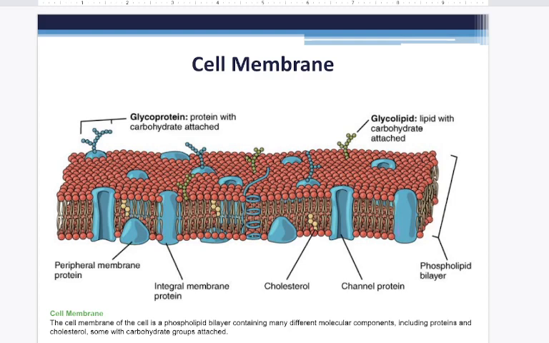All of these different things are specific to different types of cells, and they can have different concentrations or various amounts on specific types of cells. But what's important to understand is that cell membranes can have any of these different types of proteins embedded throughout them, and they all serve different functions of the cell.